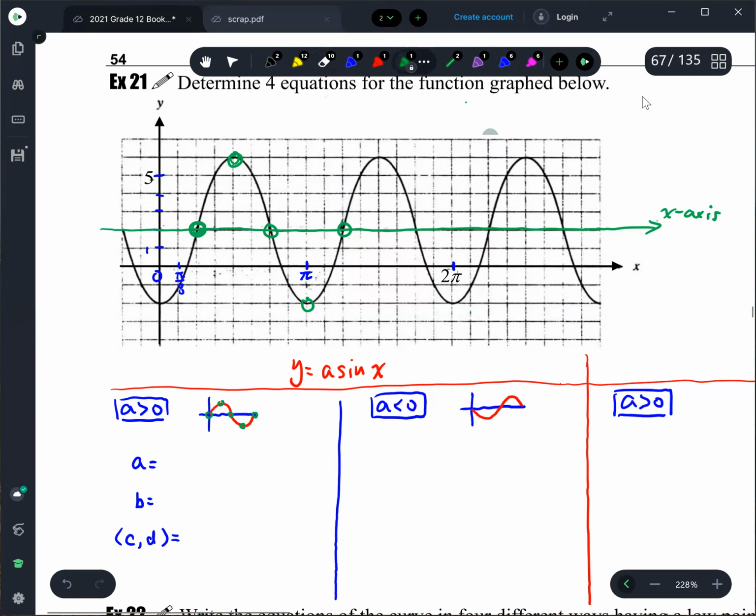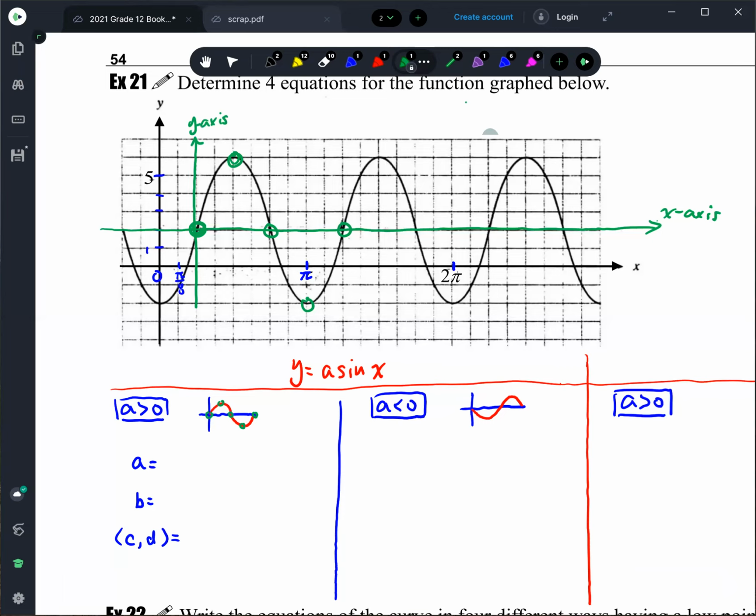We choose this one, y-axis. Can you raise your hand if you understand why we got that place? Okay, y-axis and x-axis. So this section matches the graph that we want to get.